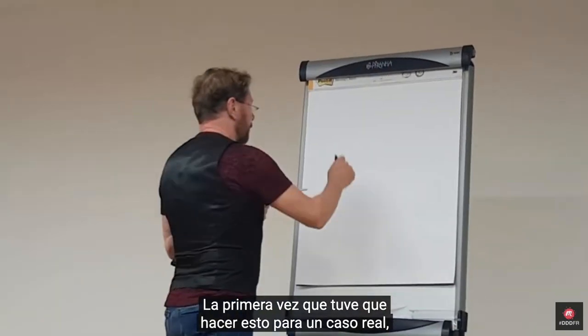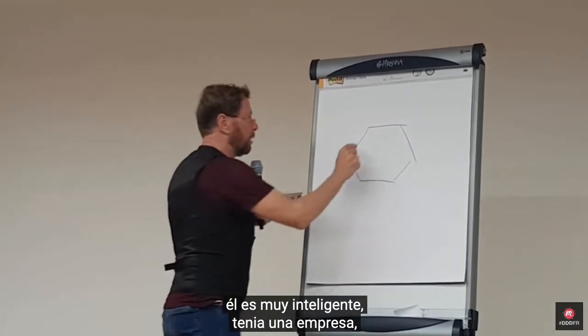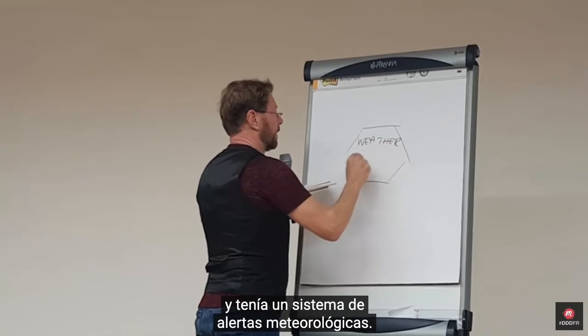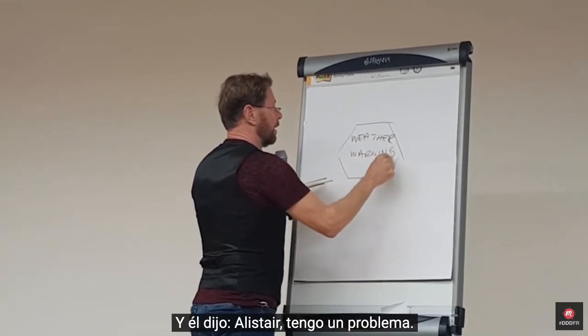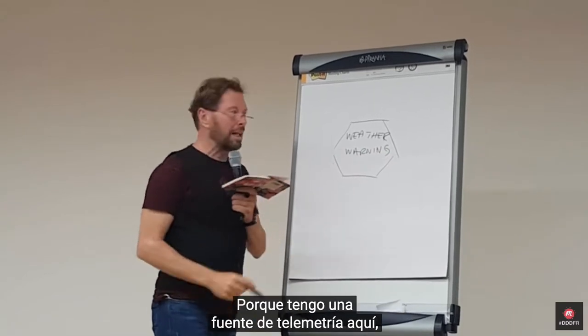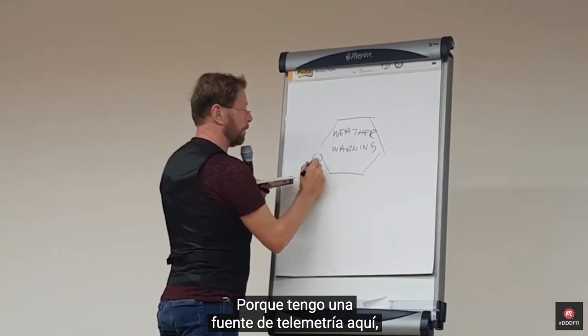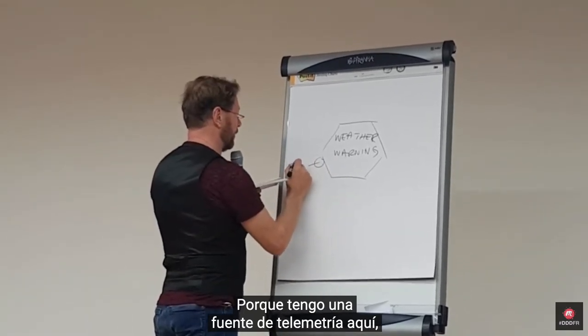What was the next one I was going to do? Loopback. The first time I got to do this for real, I have a friend named Mo Salim, and he's very smart, and he had a company, and they had a weather warning system. And he said, Alistair, I've got a problem because I have a telemetry feed here. I'm going to draw it my way. You'll see why he was stuck. I have a telemetry feed.